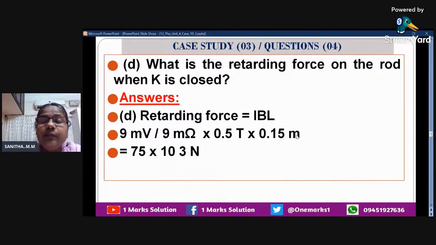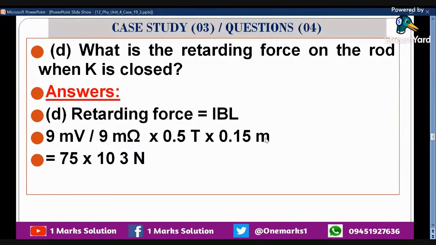What is the retarding force on the rod when K is closed? Anyway, the force on a conductor carrying current which is placed in a magnetic field has the equation I L B sin theta, or you can just recollect BIL. Sine theta is also there.